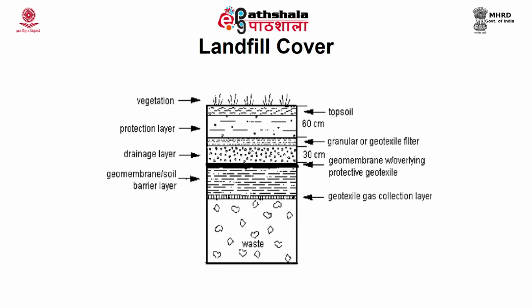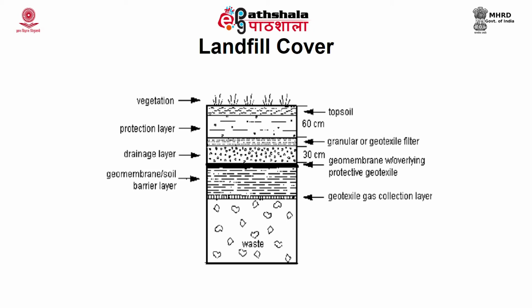Now, so far we have looked into the different components, like the liner system, waste emplacement and cover. We also looked into the different materials which are used, how the different materials are lined in a liner system, how the waste is being placed into the landfill, and how you layer out a cover. All these things we have seen.